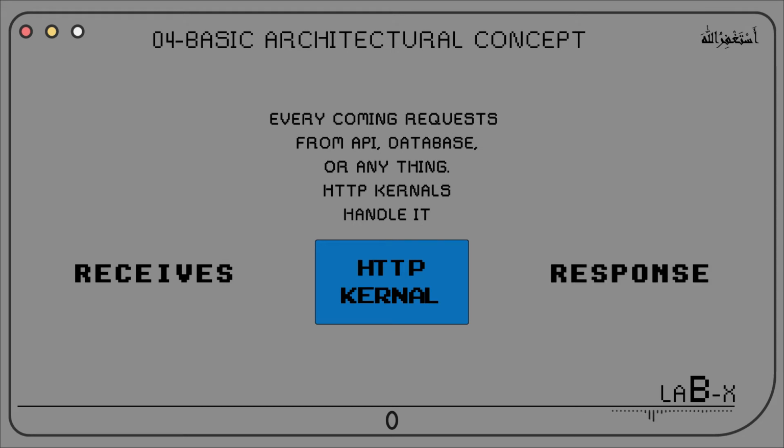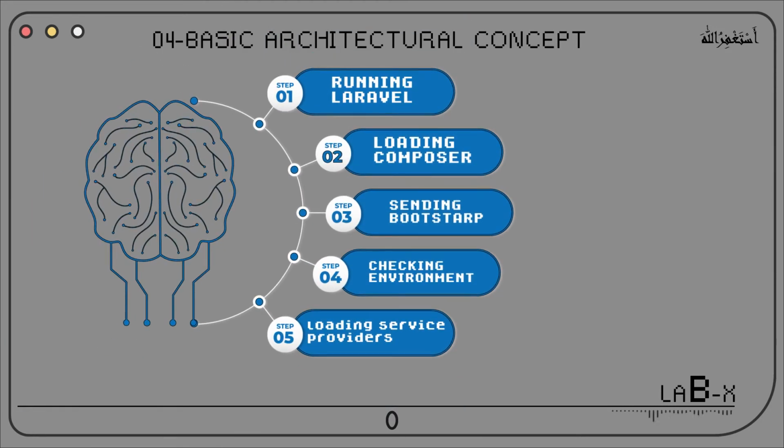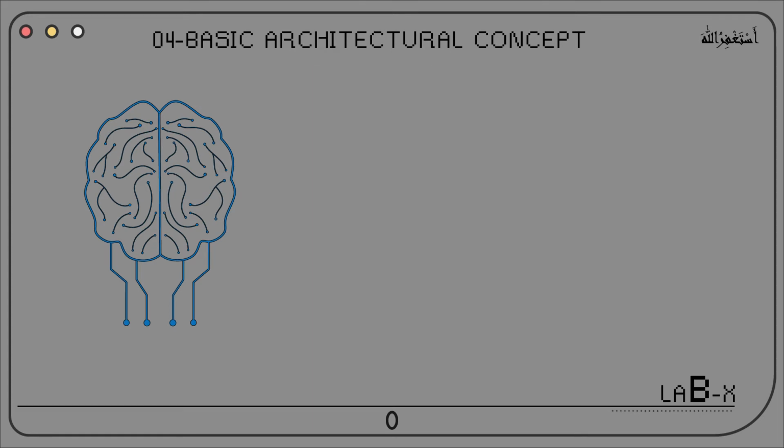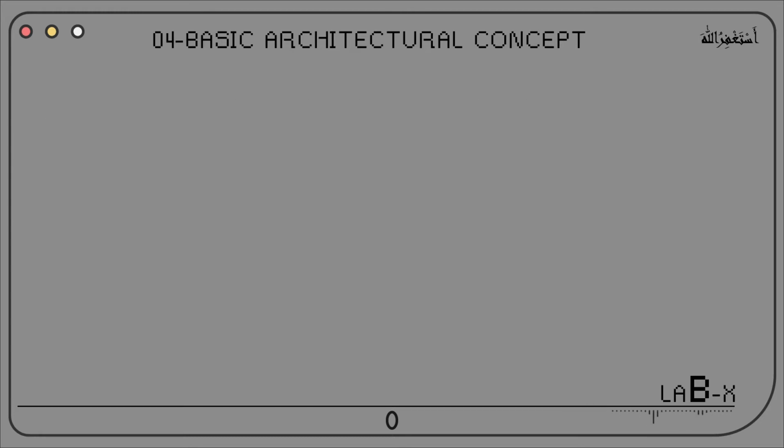Think of the kernel as being a big black box that represents your entire application. Feed it an HTTP request and it will return an HTTP response. Friends, once Laravel knows its whole environment, the application kernel bootstrapping starts its third action of loading the service providers for your application.